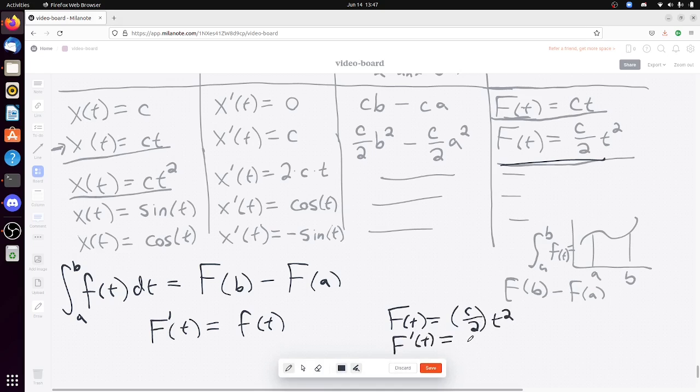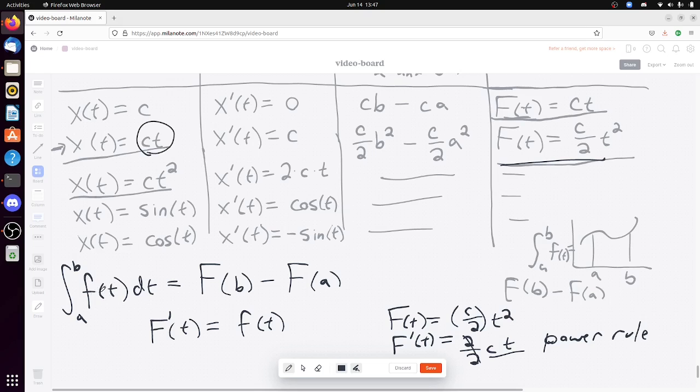Well, drop the 2 down, so we'll have 2 over 2 c, and then decrease the power by 1. That's the power rule. So we're left with ct. Well, ct is the original function that we wanted to integrate over here. So hopefully you can see how this is matching up.